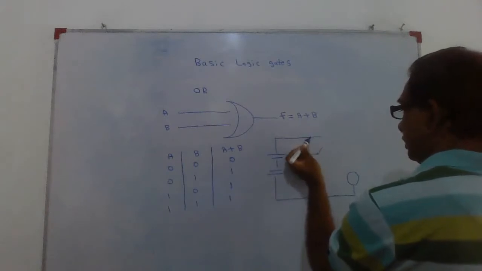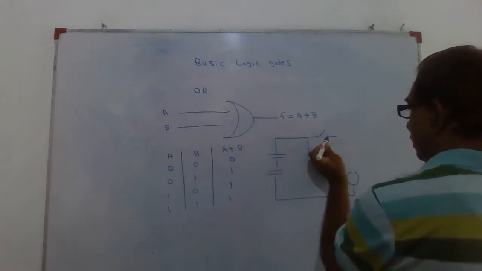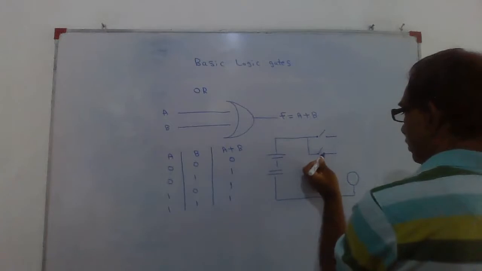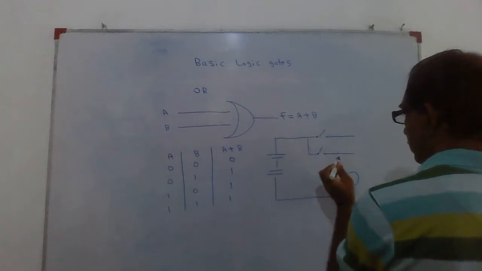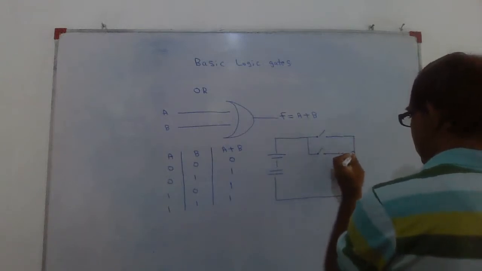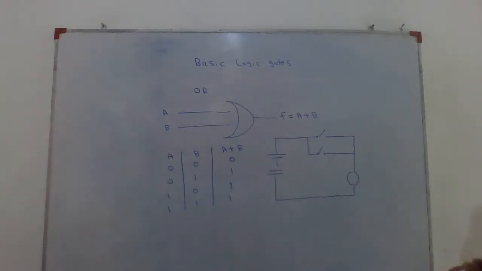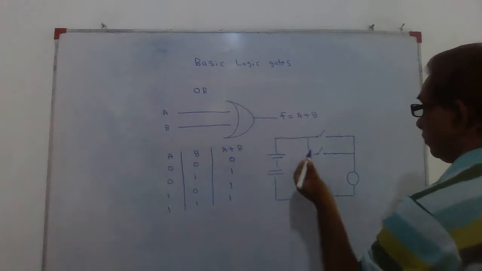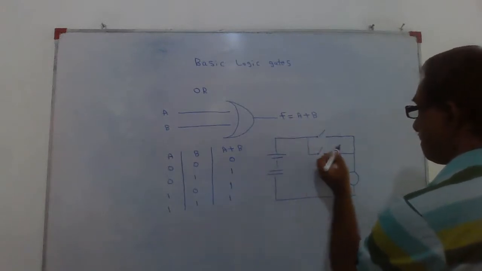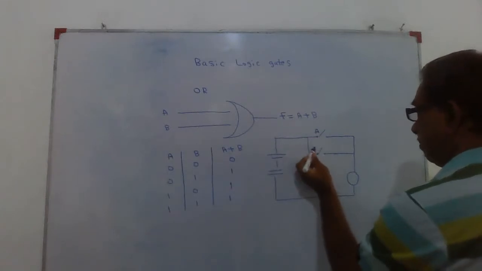You can see them like this. This type of circuit. So what may happen? We have switch A here and B here.